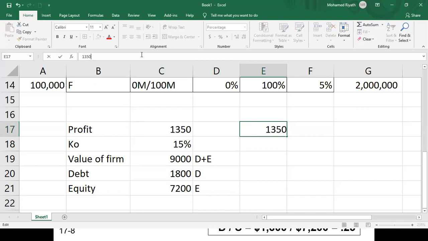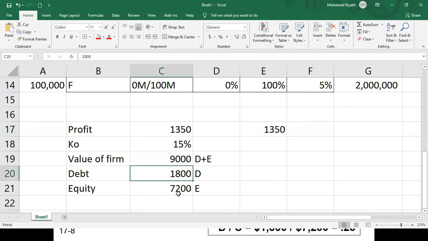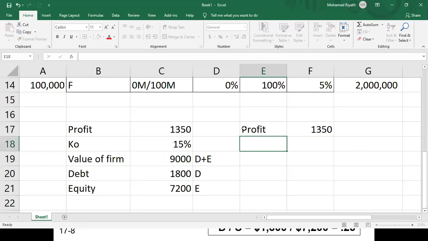Interest expenses: 1,800 of debt capital at 10%. Therefore, profit minus interest. Interest is how much? 180.